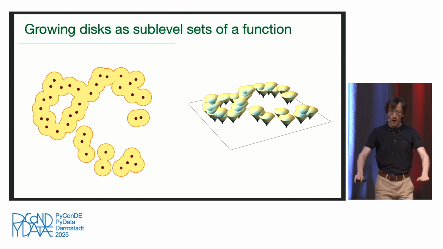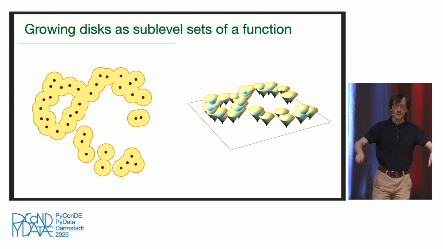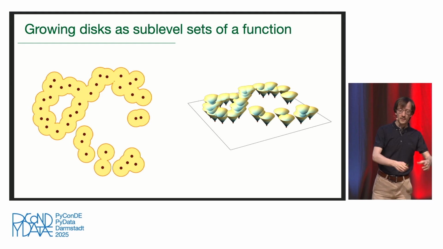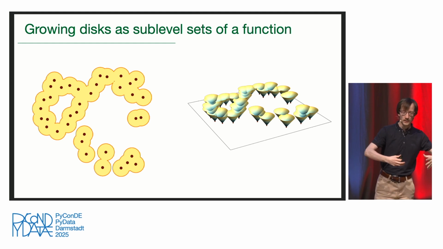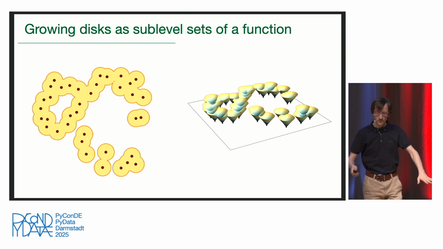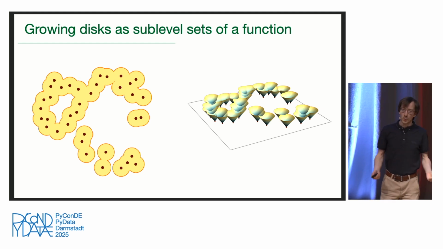And now imagine you are raising water from the bottom going up, and you always look at everything that's underwater. That's the space that you have as the growing disks, right? Everything that's underwater, you kind of project down. It's the same thing, right?